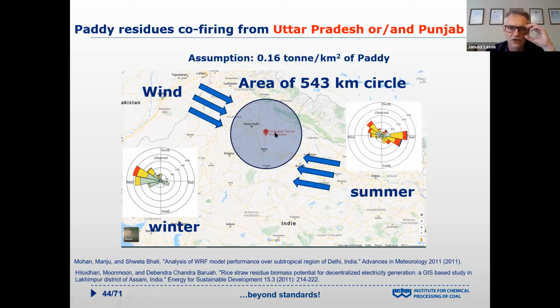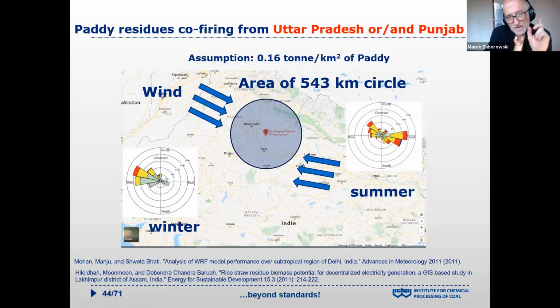We don't look at this power plant as a solution for all of the problem, but it's very probable that using only this power station and co-firing 5% on an energy basis, we could, in our words, quite effectively solve the problem in the circle with a diameter of 543 kilometers. I'm not sure how much distance smoke can travel, but in my opinion this is quite a good distance, and we can try to clean the air around New Delhi using this Hajugani plant.